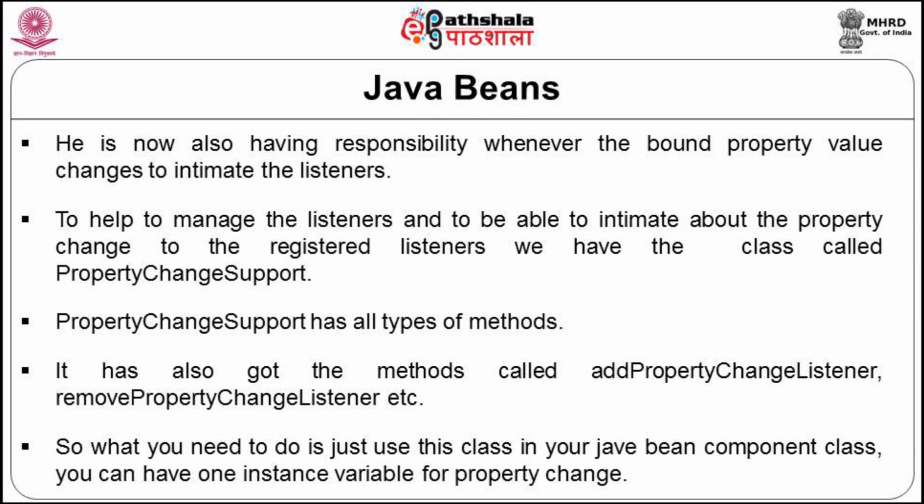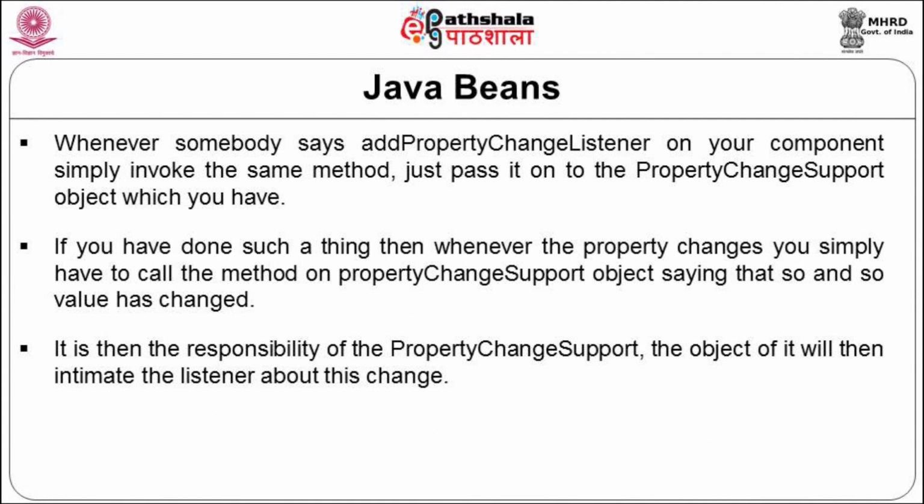What you need to do is use this class in your JavaBean component having bound properties. You can have one instance variable for PropertyChangeSupport. Whenever someone calls add property change listener on your component, you simply pass it on to the PropertyChangeSupport object which you have.